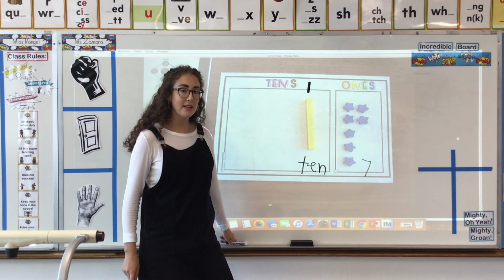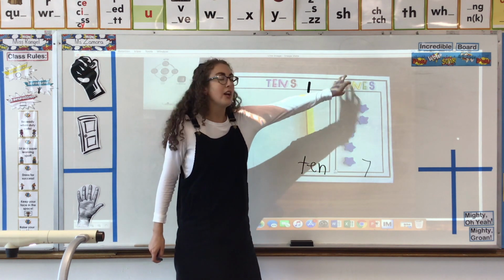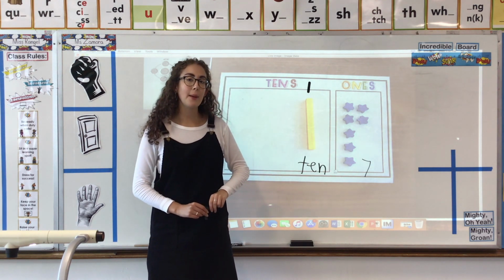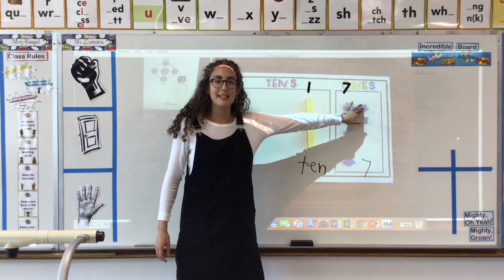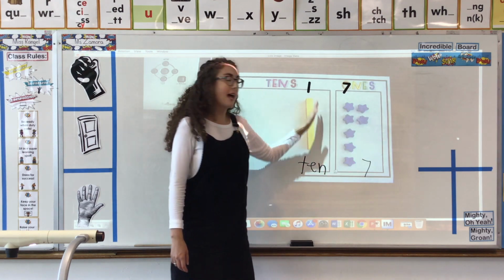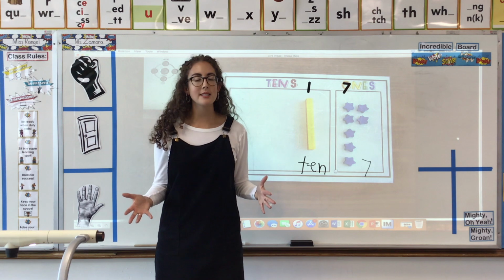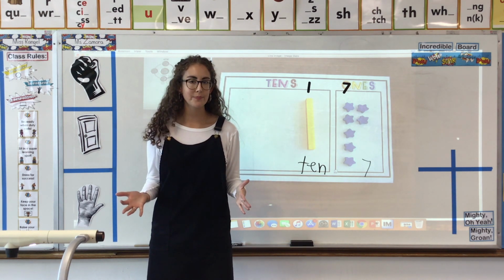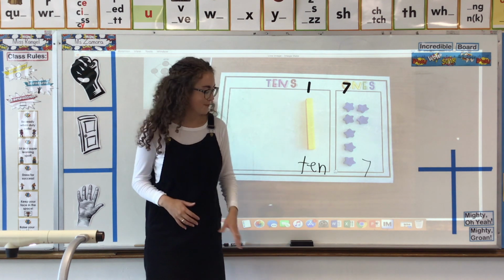And 10, 7 in our math language is what number in our English language? 10, 7 is 17. In 17, there's 1 ten and there's 7 ones. Again, our Say 10 way is just for us to express what we see on our place value chart. And it's going to help us in the future, I guarantee it.